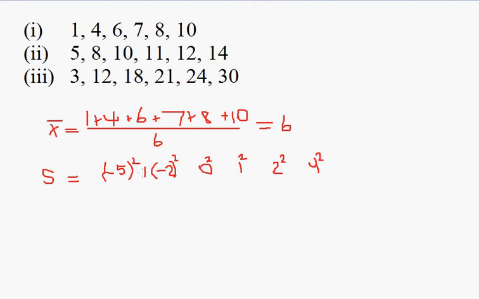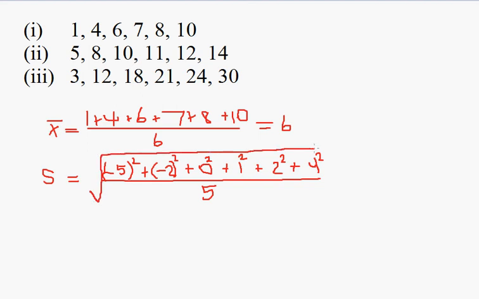And then lastly, I add them up and then average, except when I take the average, I will be dividing not by 6, but by 5, n minus 1. And then finally take the square root of what I get. So that is my formula for the standard deviation. This is a measure of how spread out the numbers are.